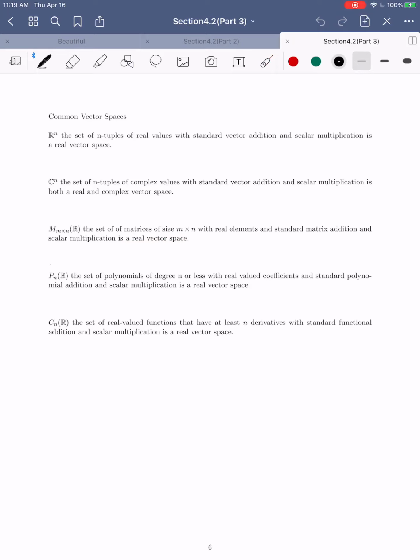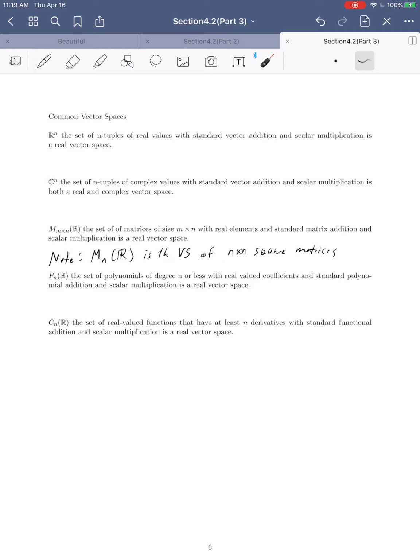A small note here, if you ever see this written as Mn of R, this is the vector space of n by n square matrices. So if you ever see it written with just a single subscript rather than 2 subscripts here, then you're assuming that you're talking about square matrices that are size n by n.